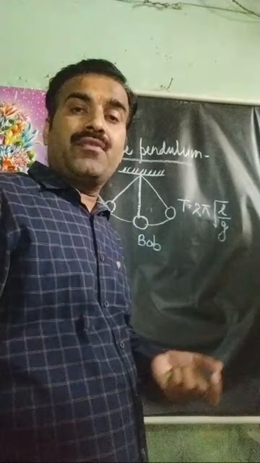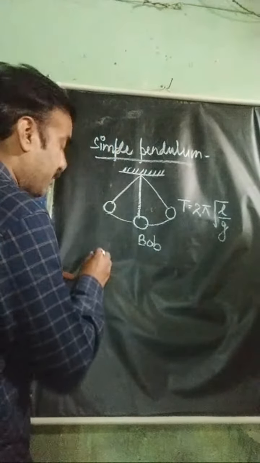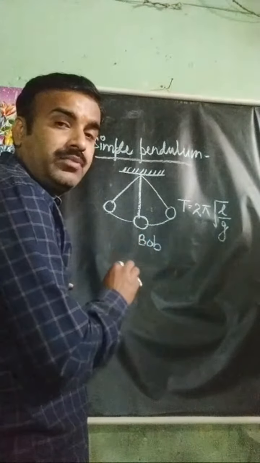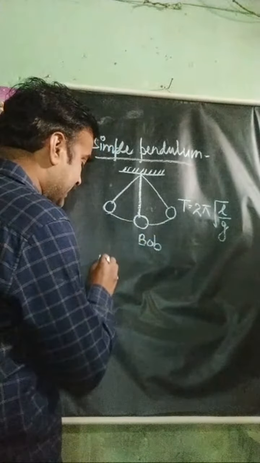Now, if we want to define the second pendulum, one more thing that was left in the previous class because time was short, today I am going to explain the second pendulum.